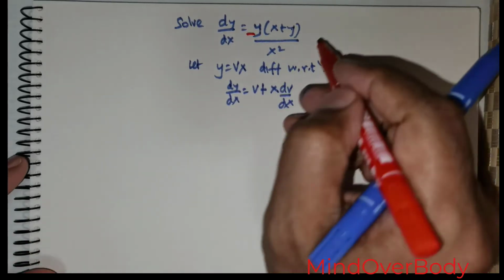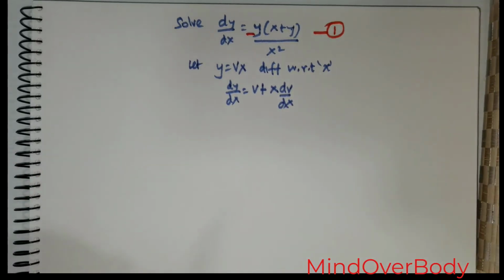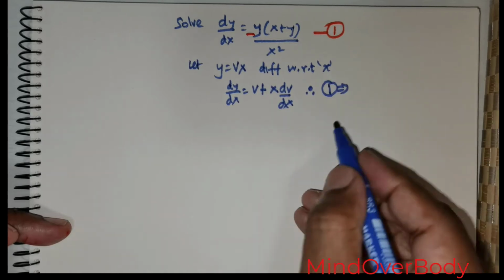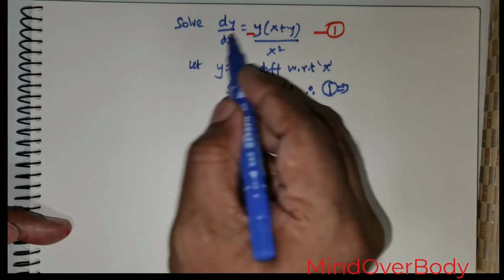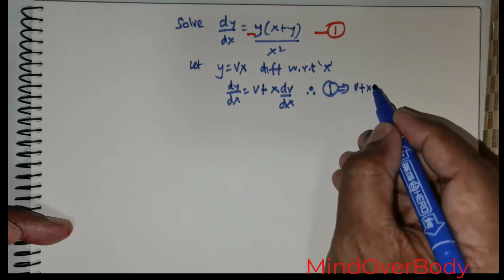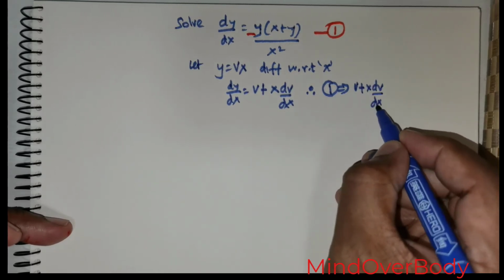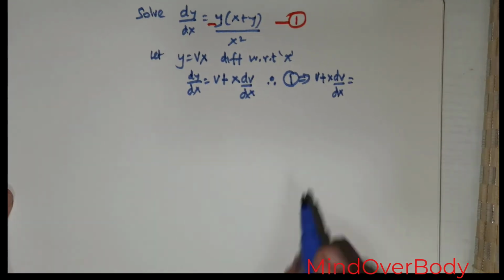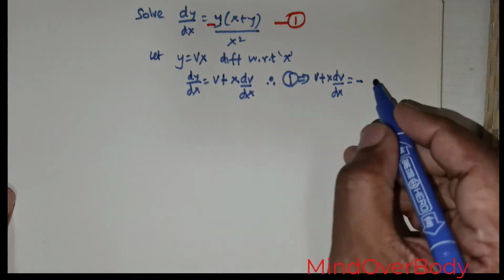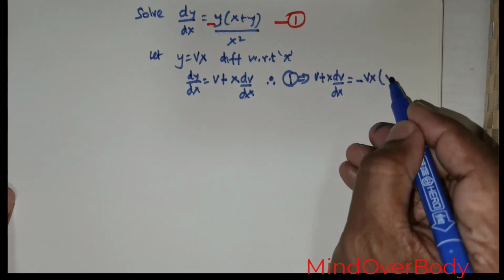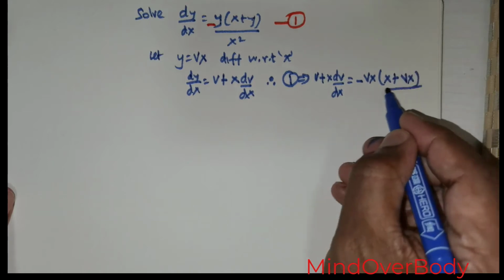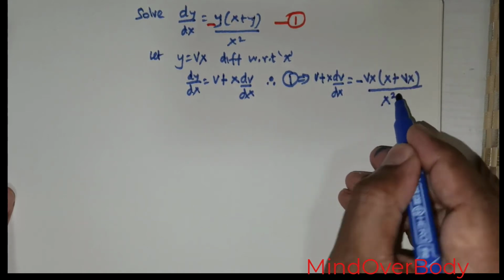Now what I wish to do is take this as 1. So 1 can be rewritten as: in place of dy over dx, I would be placing v + x times dv over dx is equal to, with a negative sign there, in place of y we substitute vx, x is retained as it is, and then we substitute vx + x squared, followed by x squared.